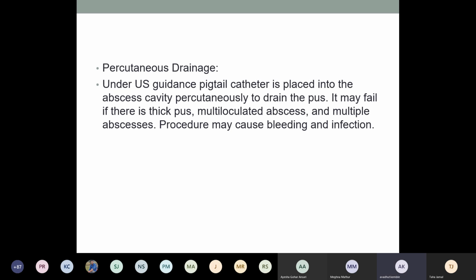As it is a semi-blind procedure, it may fail if there is thick pus or multiloculated abscesses within the liver. In multilocular abscesses, one of the abscess cavities is drained by the pigtail and the rest of the abscess cavities are not in connection with that cavity, hence the abscess goes on continuing.